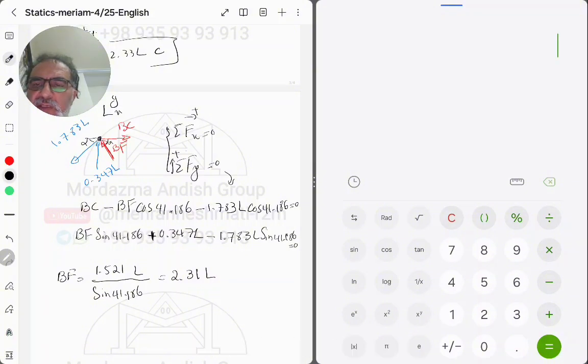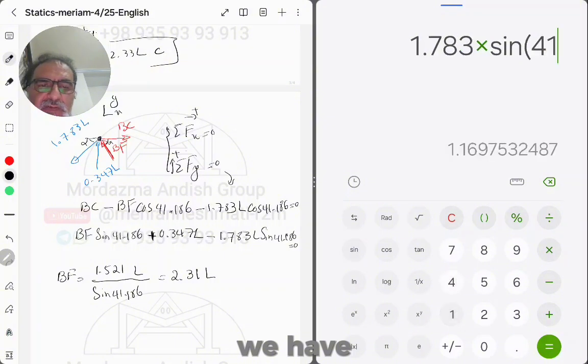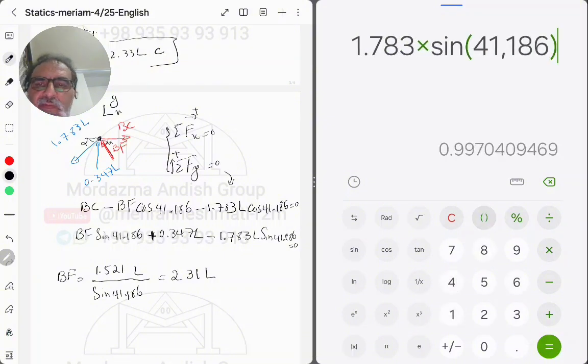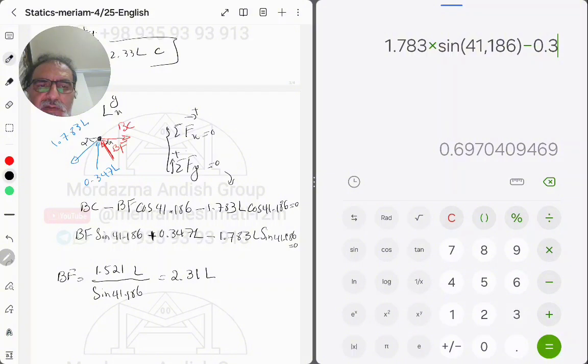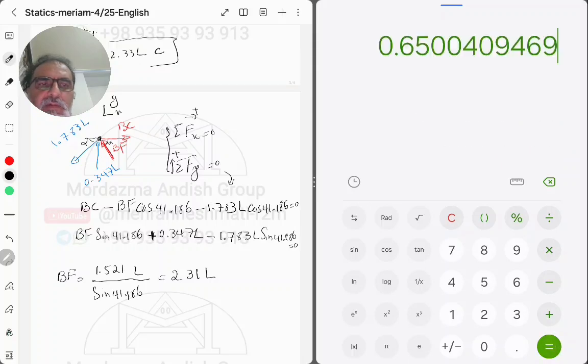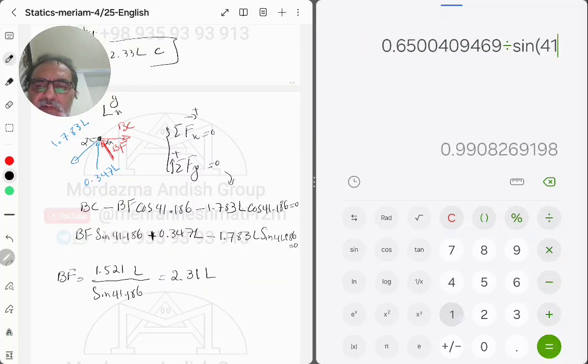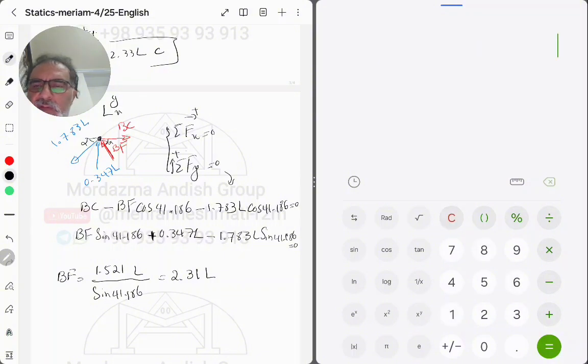In this situation, we have 1.783 sine of, minus, divided by sine of, just a moment please, again.